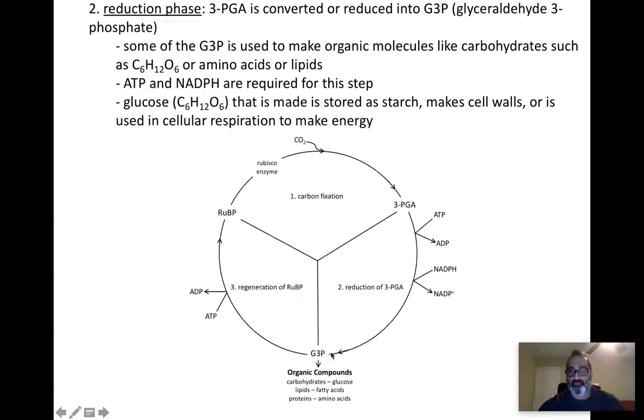So G3P is really one of the main products of the Calvin cycle. Most of the G3P does not get converted into glucose. Most of it needs to continue the cycle, and most of the G3P gets converted back into RuBP, and that's step 3.